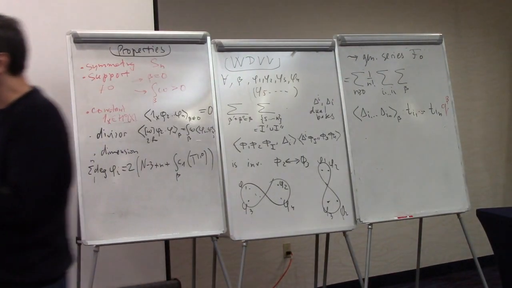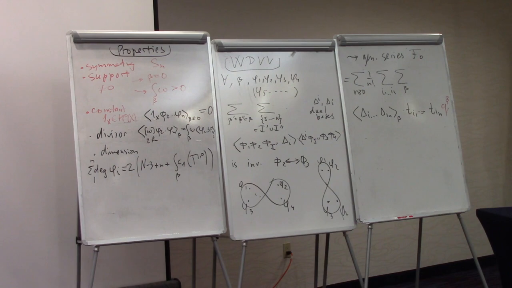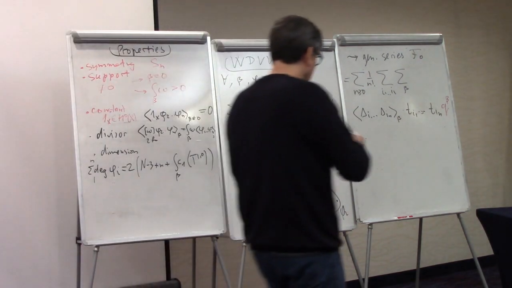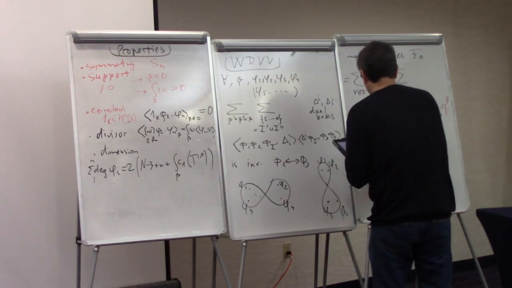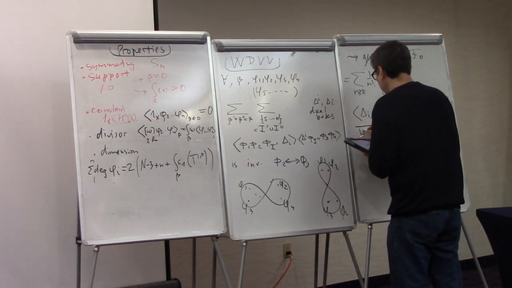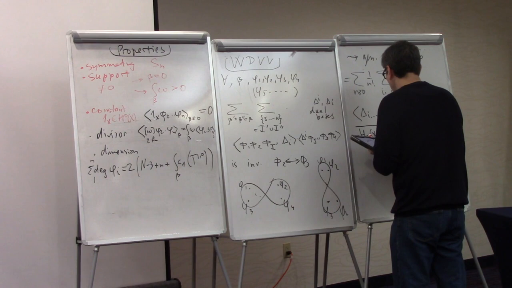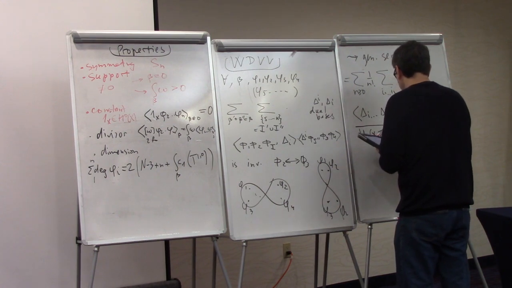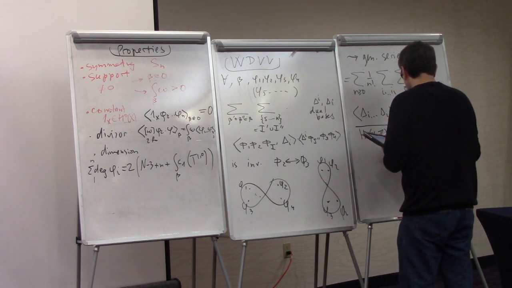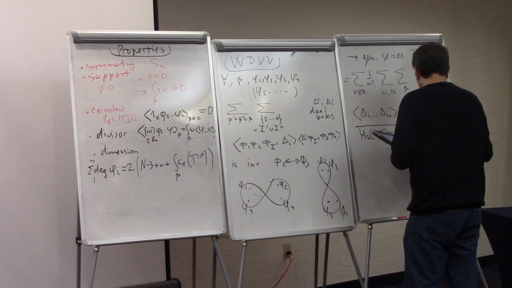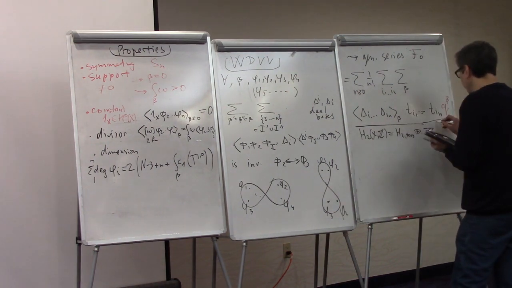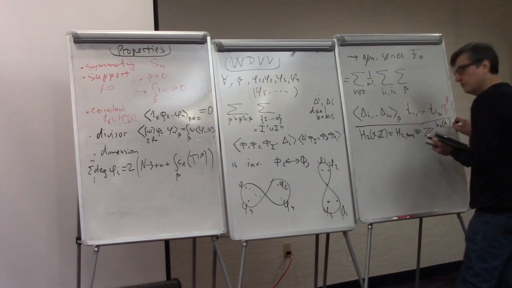You see that the second homology of X is a finitely generated abelian group. So what we do? We just identify. We split this group as some torsion part plus a free abelian group of rank which is the second Betti number of X.